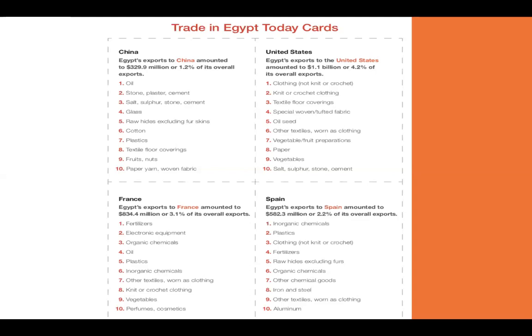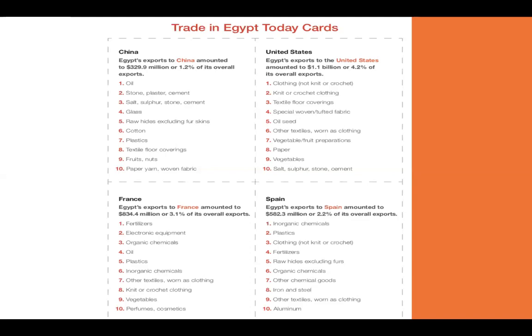Exports to the United States: clothing, knit or crochet clothing, textile floor coverings, oil seeds, special woven fabric, paper, vegetables, salt, sulfur, stone, and cement. Egypt also exports to France fertilizers, oils, organic chemicals, vegetables, perfumes, cosmetics like makeup.